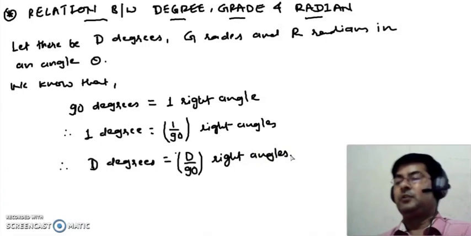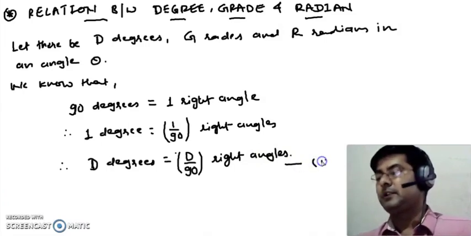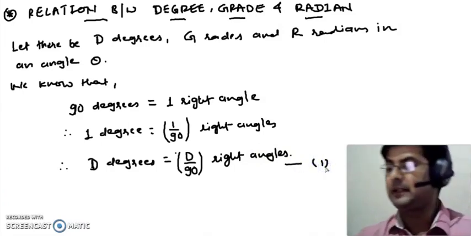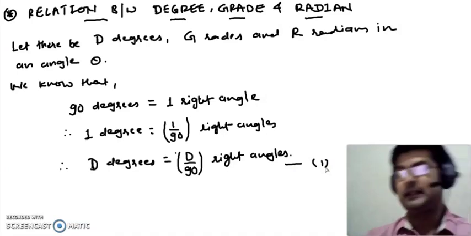Clear? Okay, so this is one result. In d degrees the number of right angles is equal to d by 90.